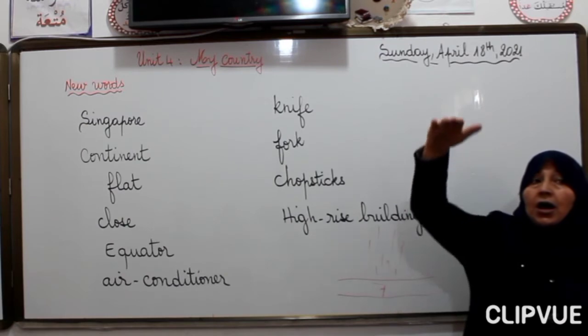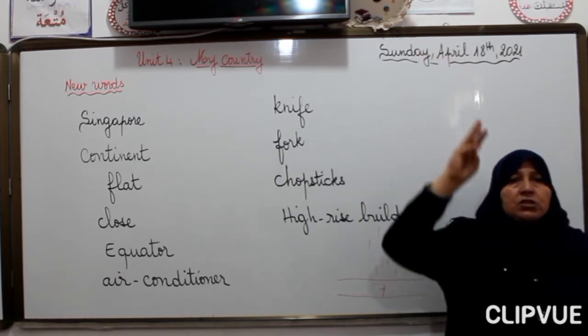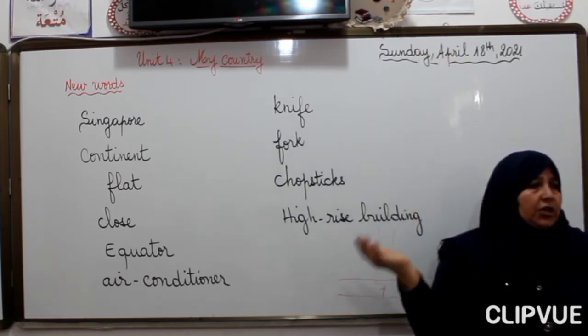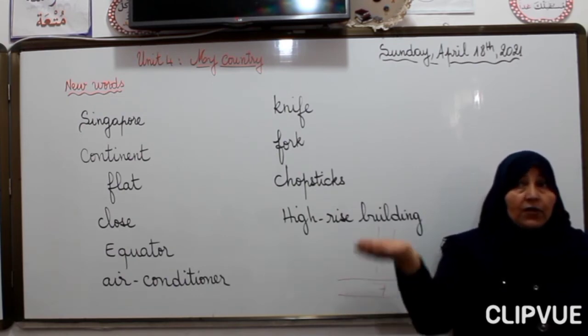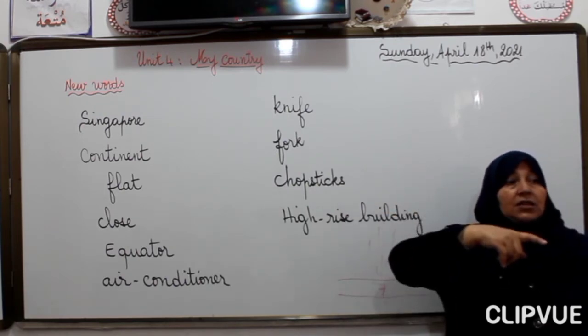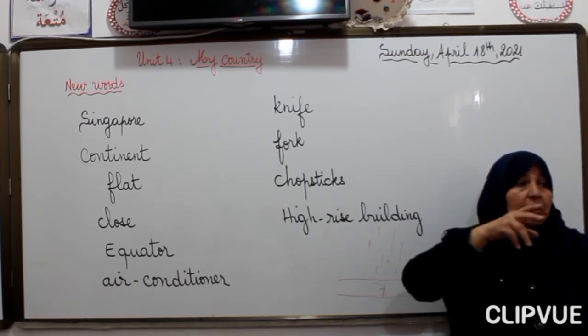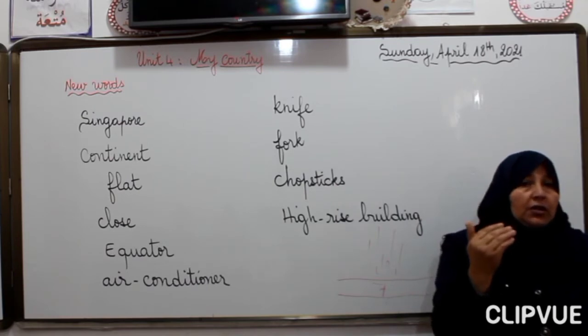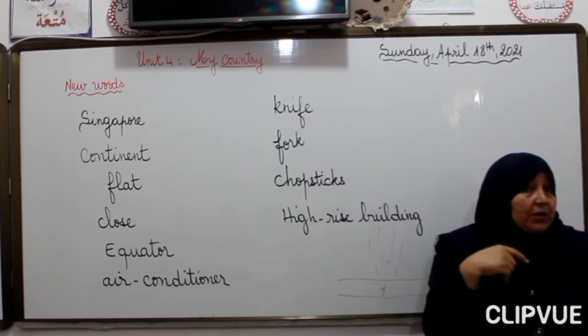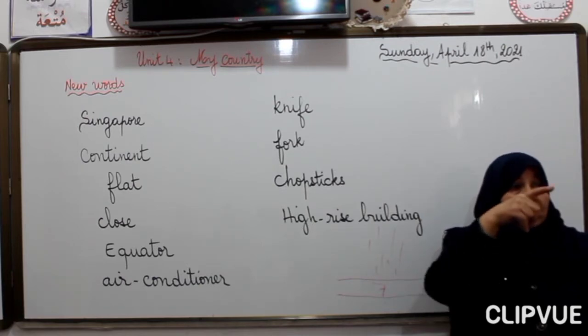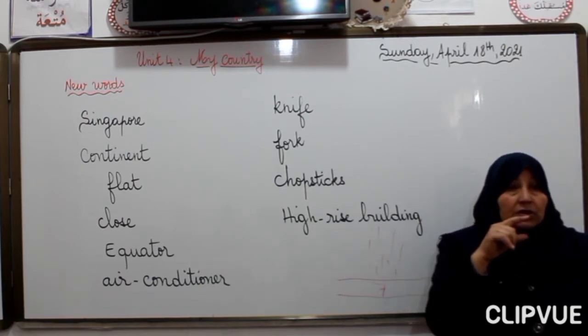The highest buildings are in America, for example, and in Asia there are very high buildings. In Dubai, we have Burj Al. What are they called? We saw them with the Bloom family. Do you remember? Models. It's not cloud.